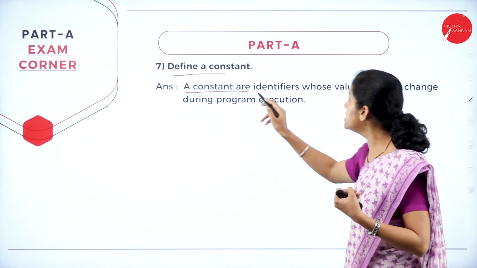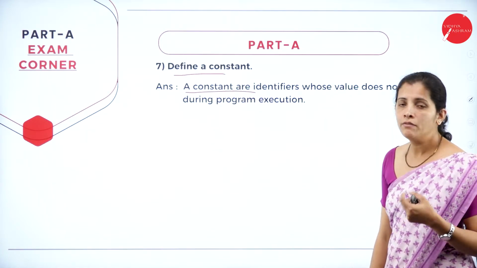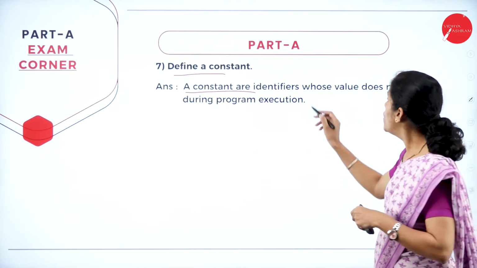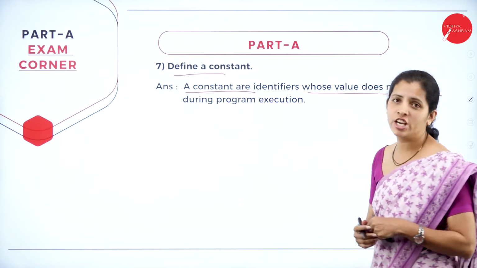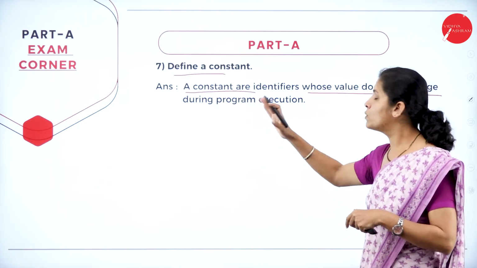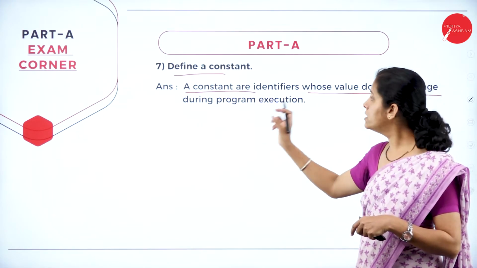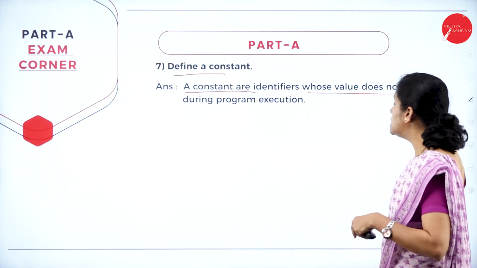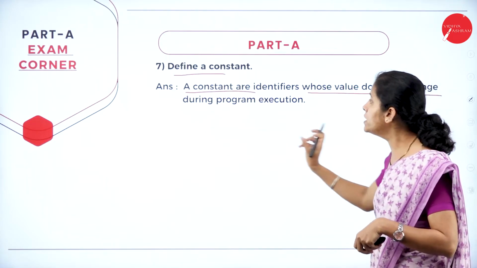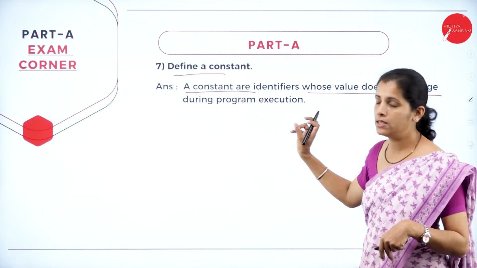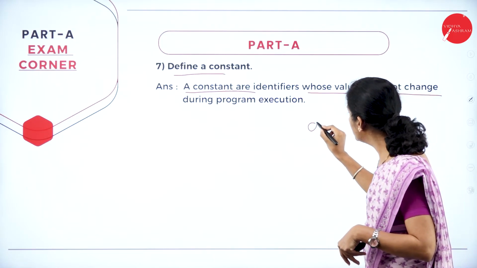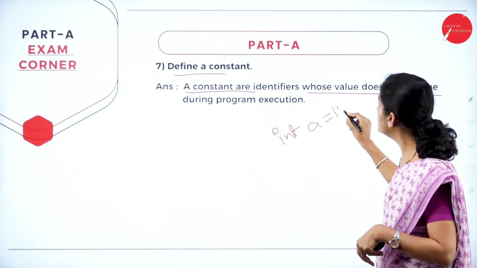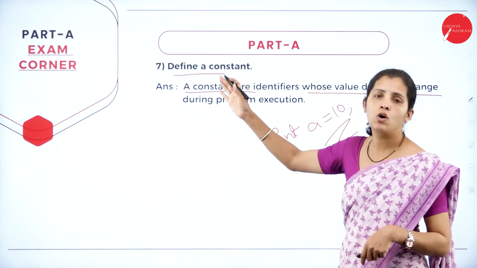Constants are identifiers whose value does not change during program execution. And the example here is, if I write int a equal to 10, then this is the example for constant.